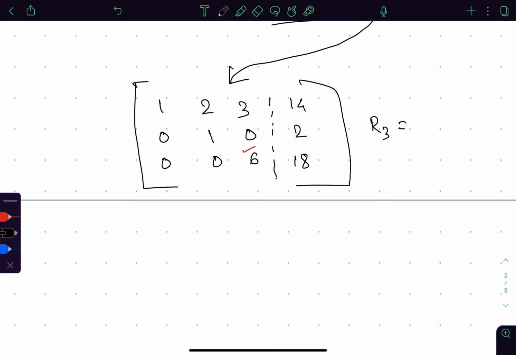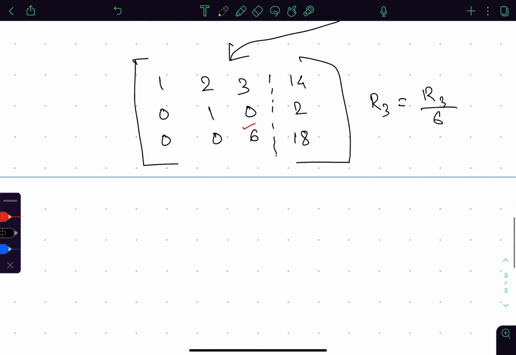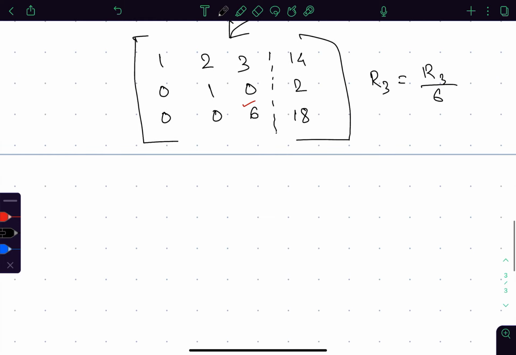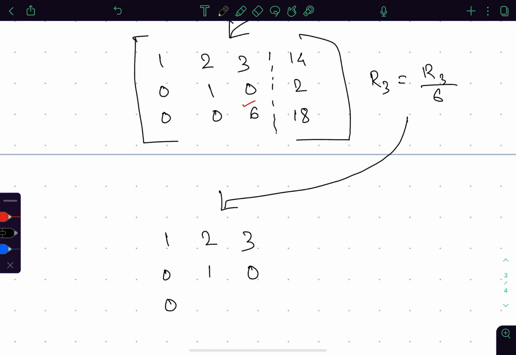So we will divide R3 by 6, and that will give us 1 2 3, 0 1 0, 0 0 1, and 10, 2, 3.